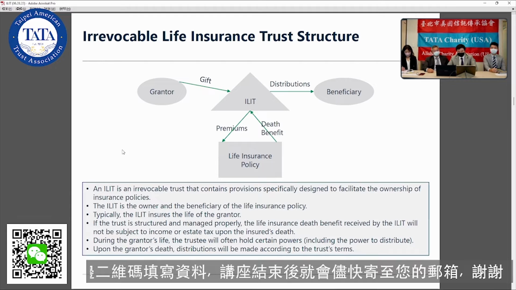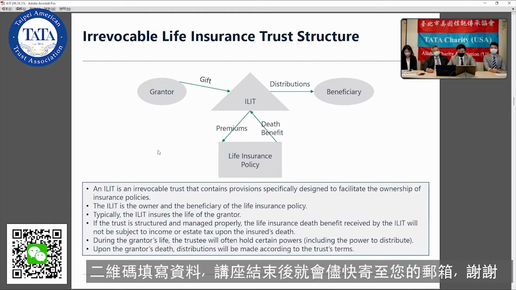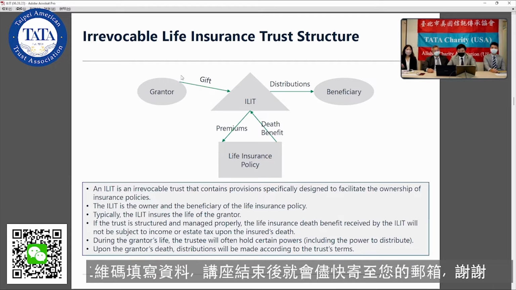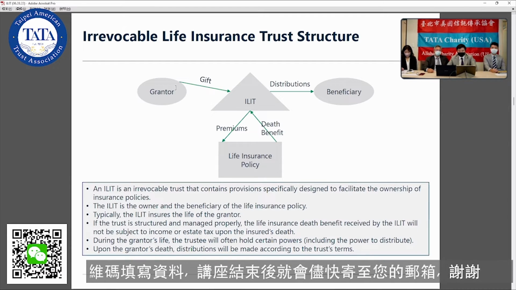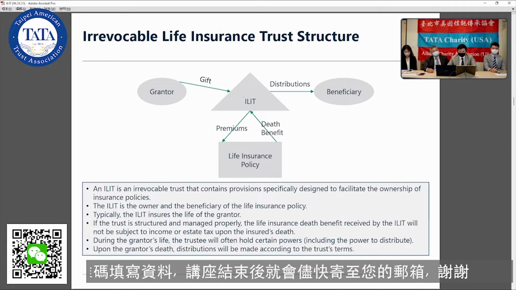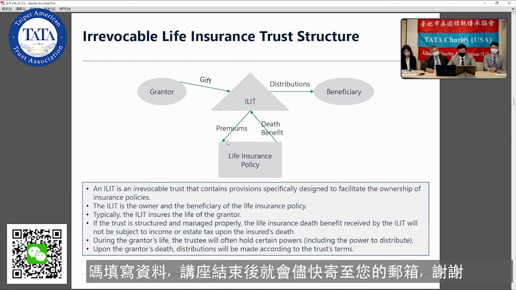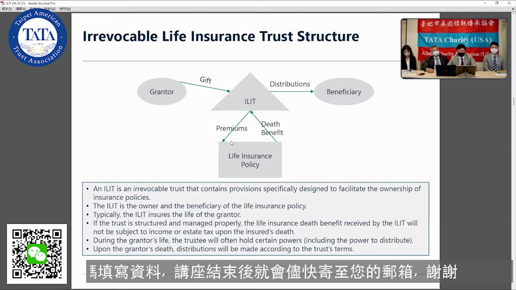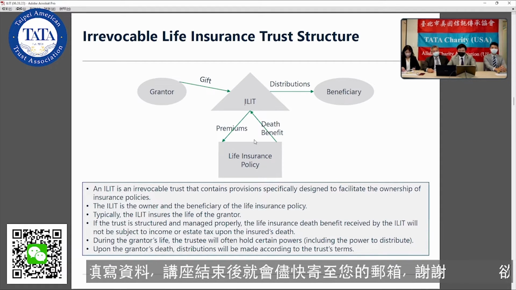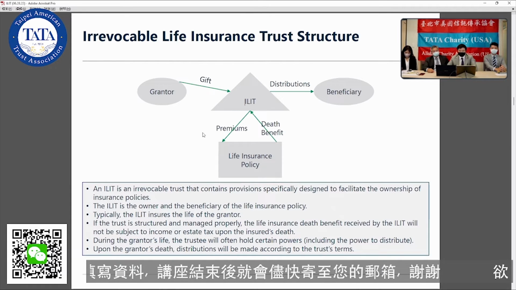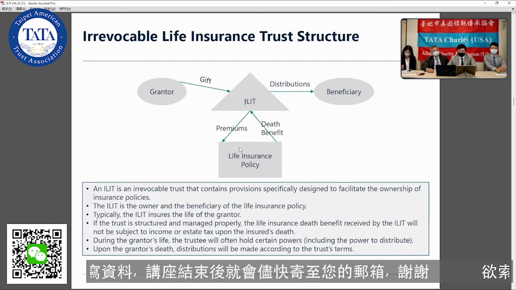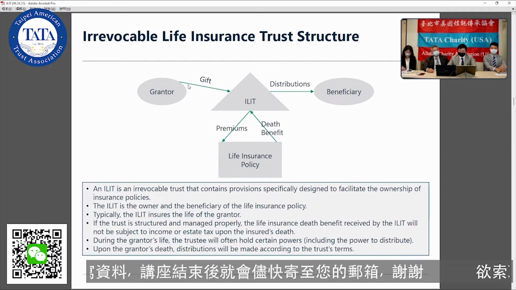I'm going into some of this detail because the ILIT is an irrevocable trust, as everyone knows. So the grantor would give this cash irrevocably to the trust. And then the ILIT is also the owner and the beneficiary of the life insurance policy. By owning the policy, it needs to be able to pay the premiums to purchase this life insurance. And that's essentially the structure.